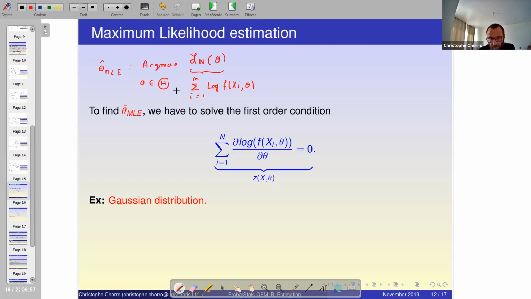It's the maximum of this objective function. If I want to find it, I have to solve the Euler conditions.